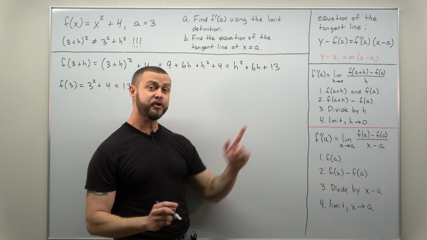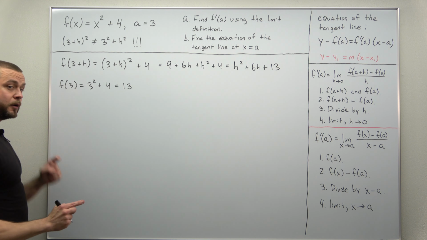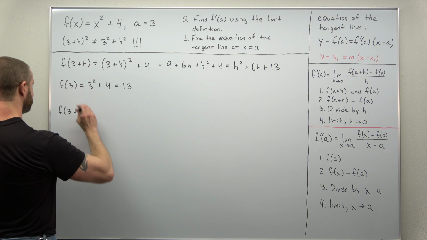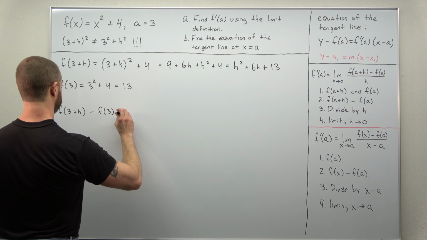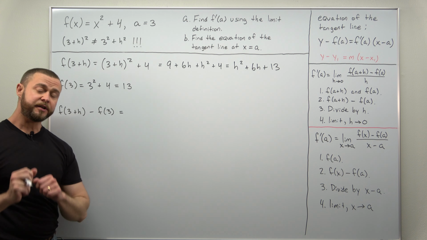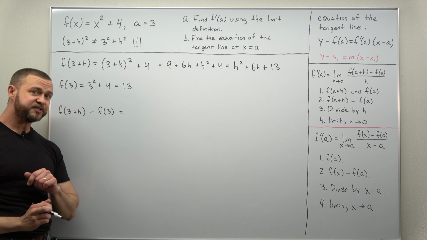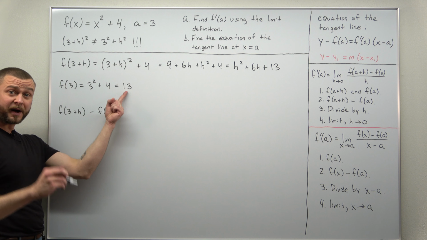Now we're going to go to step 2, taking the difference and subtracting those two function values. So we're going to take f of 3 plus h and subtract f of 3. A tip that we mentioned in the video linked down below is to use parentheses, but here what we're subtracting, f of 3, is positive.